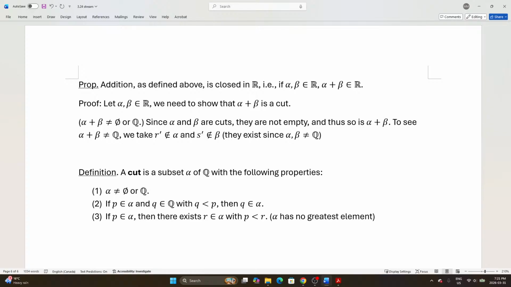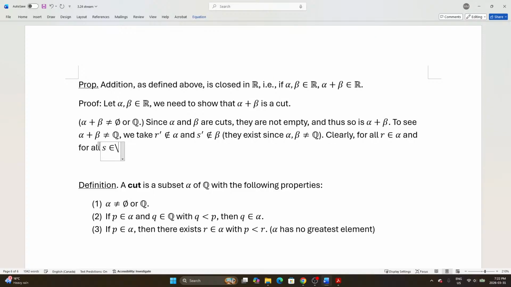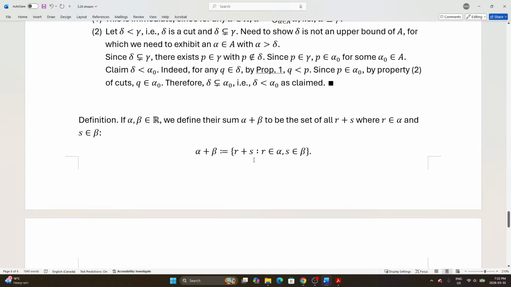And so clearly, for all R in alpha and for all S in beta, R prime is greater than R and S prime is greater than S. Actually, here we're using a little proposition that we proved after giving the definition of cut.